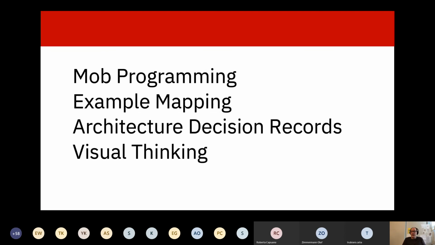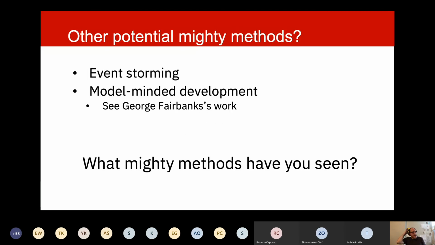Thinking about this further, I've been pondering, are there other potential mighty methods? And 2 that come to mind immediately are event storming and model-minded development, which is something that George Fairbanks has been working on for the past couple of years. Both of these, I think, exhibit several of those 5 attributes that we just saw.